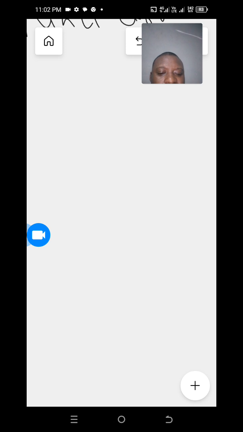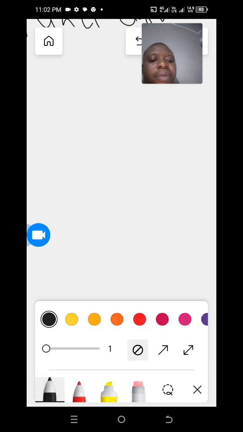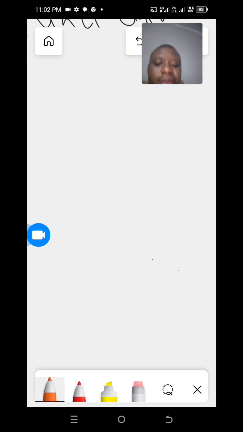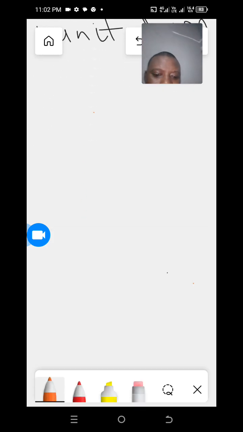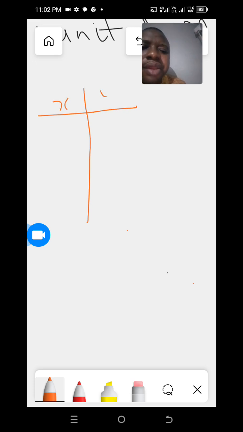The first thing we need to do is to generate the table for the parent, which has x and y.